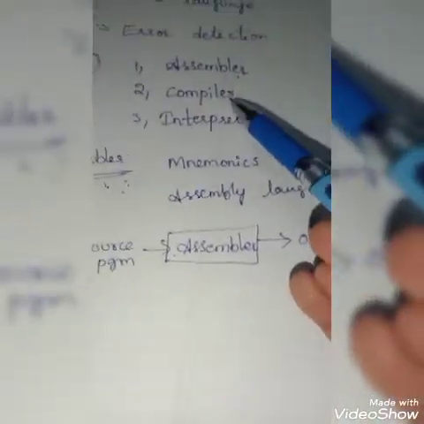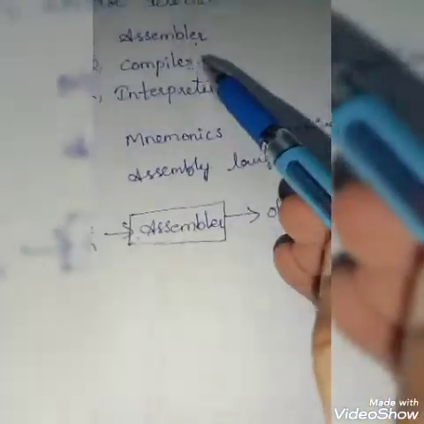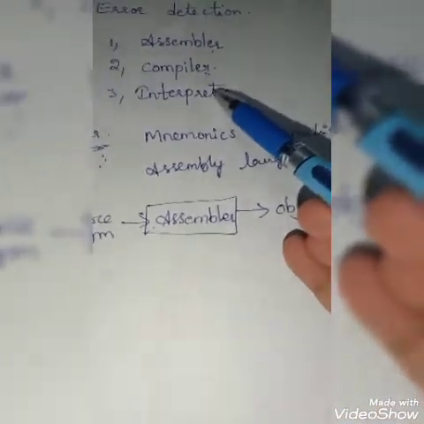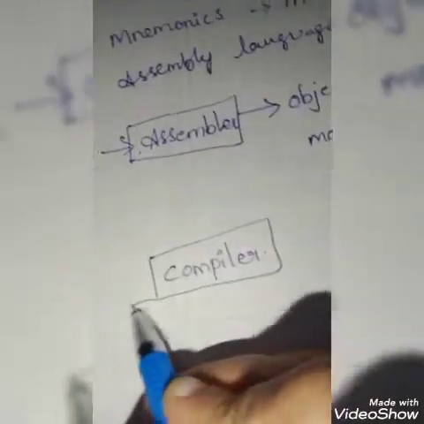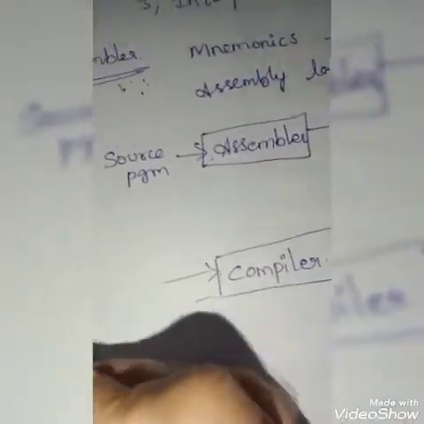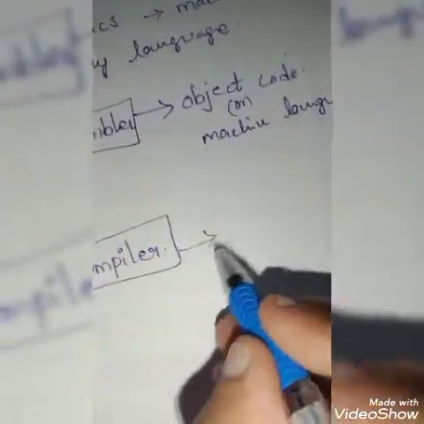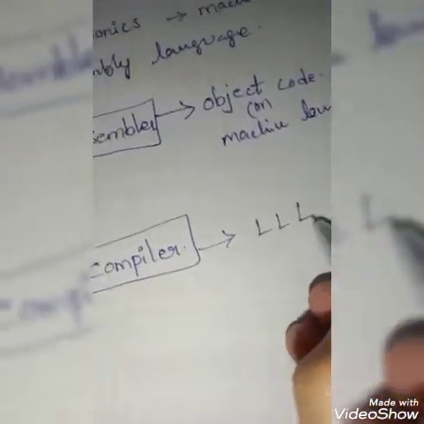And the second one is our compiler. As we are already aware, a compiler is a translator which converts high level language to low level language. So a compiler takes the input as high level language and converts it into low level language.